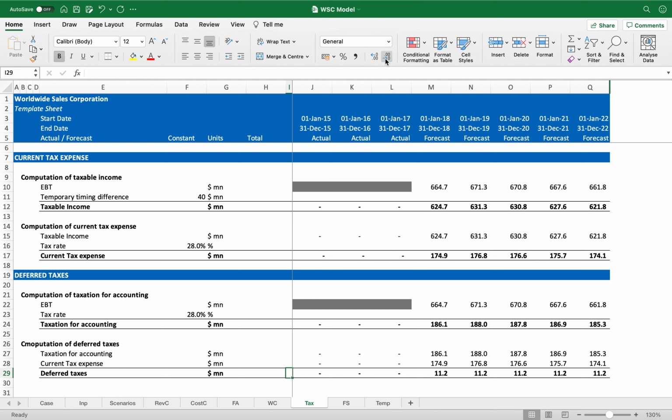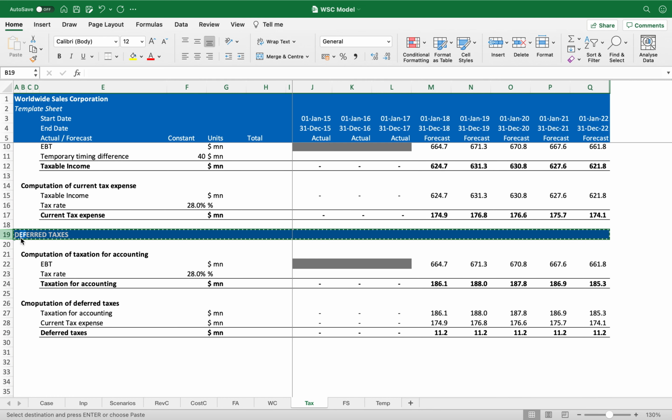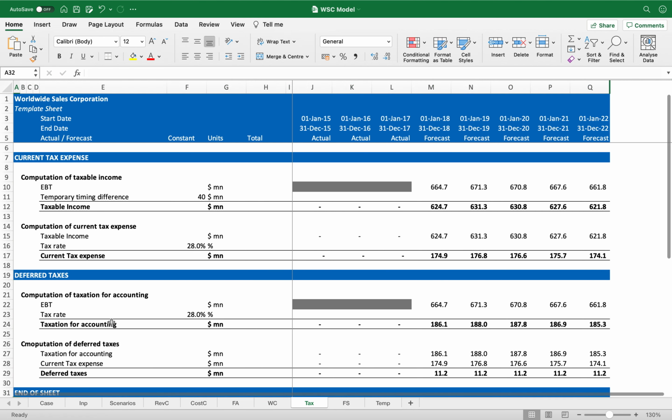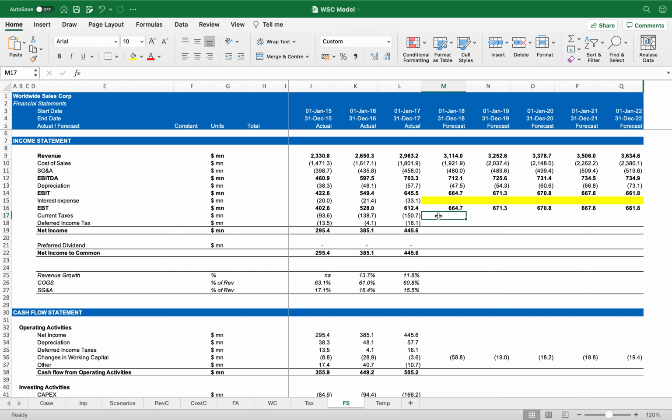Okay. So current tax expense we have computed, deferred taxes also we have computed, and I need no other computation on this. So end of sheet. Now in the financial statements, I will link the current taxes that I have just computed.